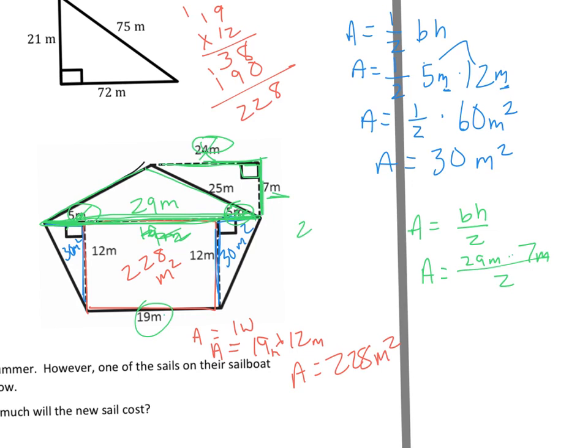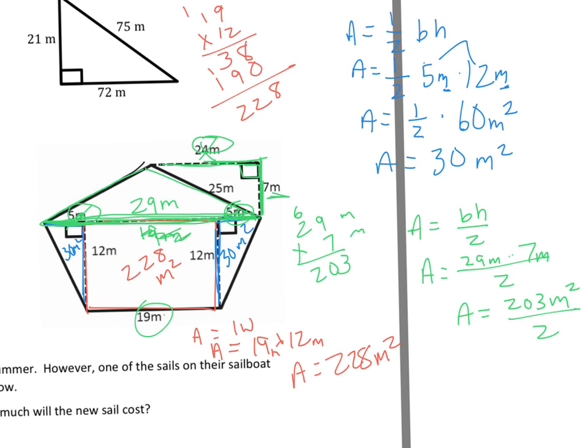So I'm going to do 29 times 7, and I'll keep my units there. I get 9 times 7 is 63, and then 7 times 2 is 14, plus 6 is 20. So 203 meters squared over 2.